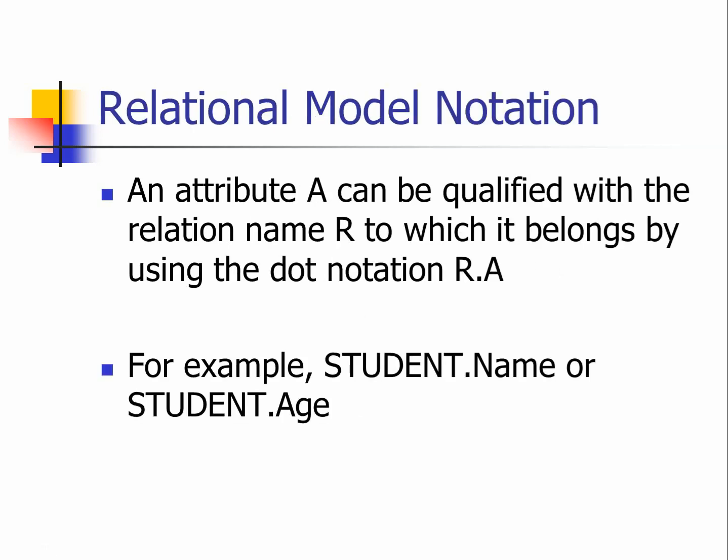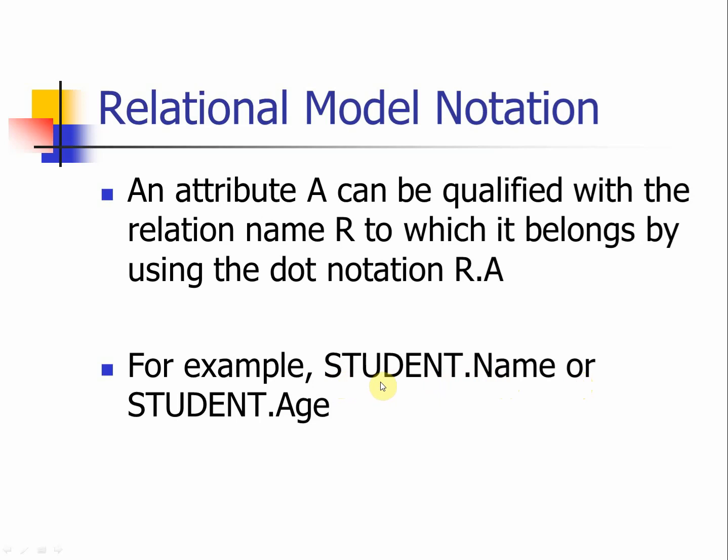And therefore, when we try to specify which attributes we are interested in, we are not going to say the third column of the student table. We don't do that. We use the ideas of the object-oriented concept, saying that the name attribute of the student is what we are looking at. So we provide the table name, or relation name, first, then dot, then the attribute name.